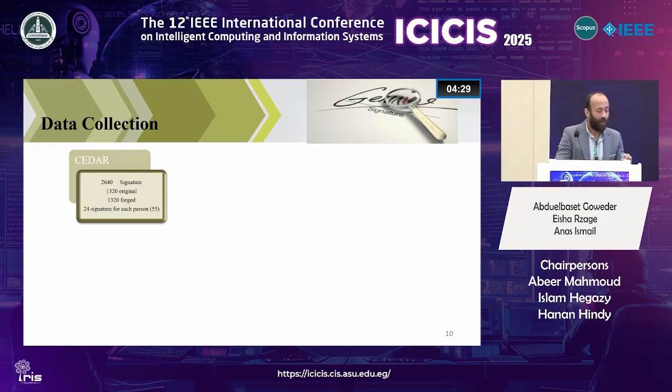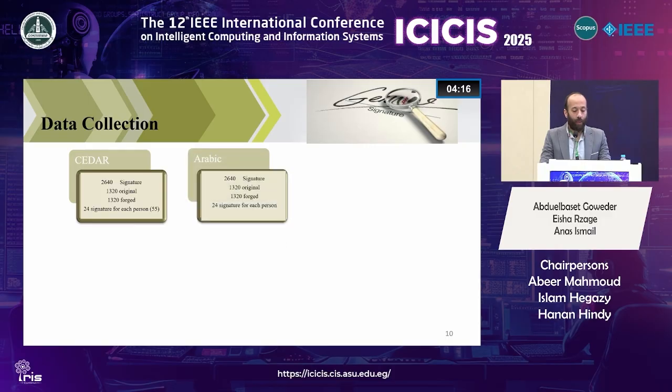As I mentioned at the beginning, we tested the models on two data sets. The CEDAR data set, which is the benchmarking data set available online, and our Arabic data set, which is the one we collected, and we tried at least to get the same number of signatures as their data set.